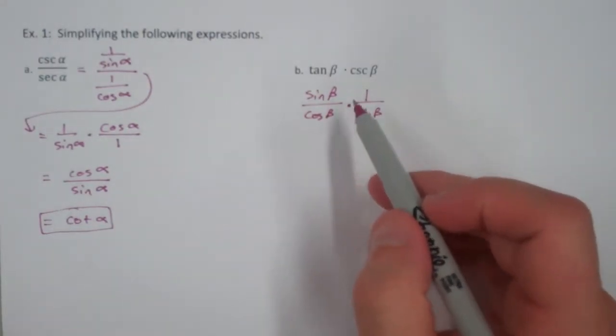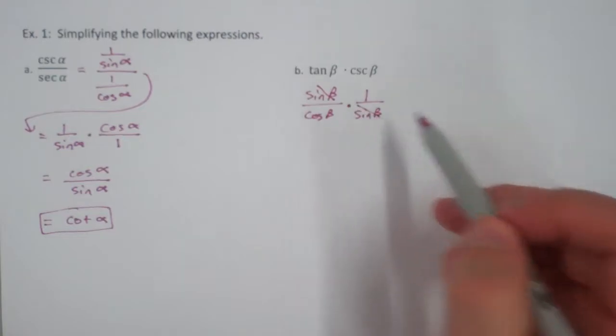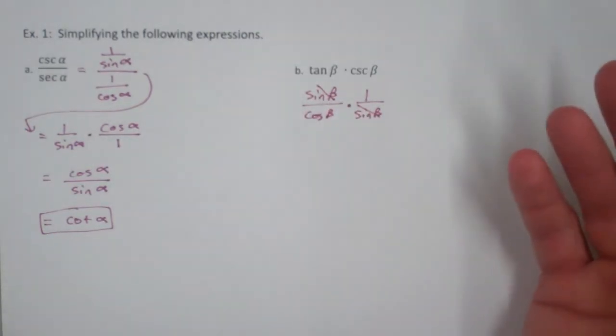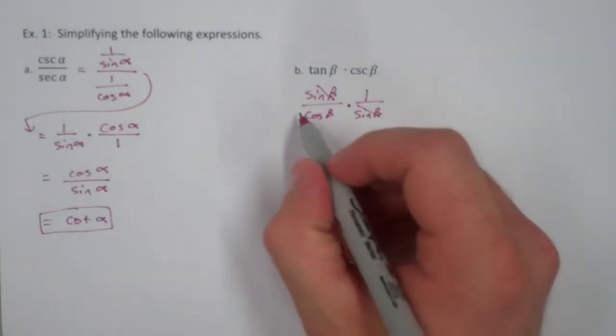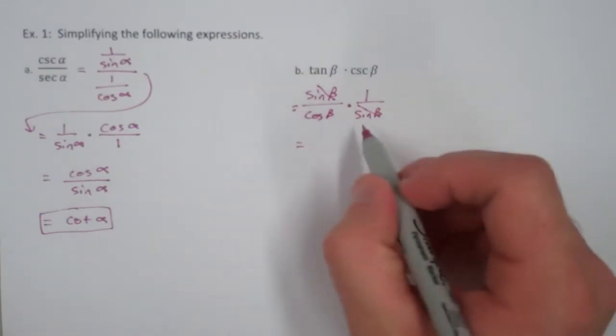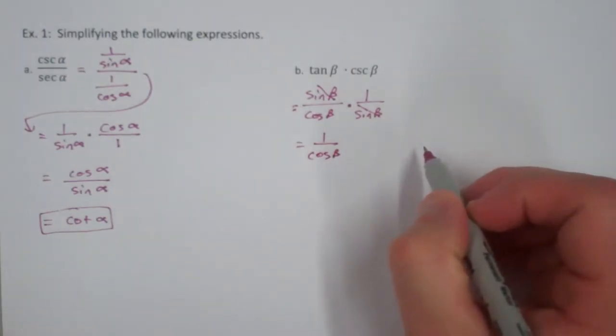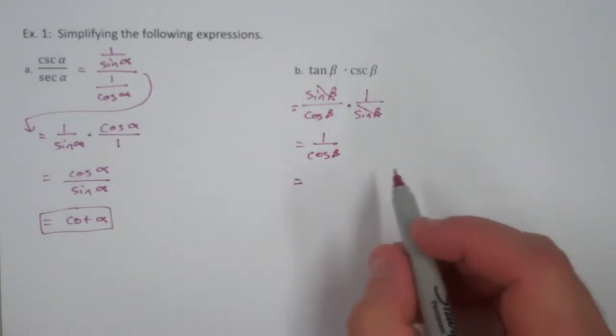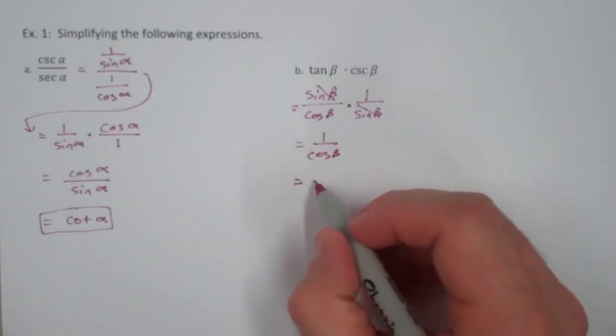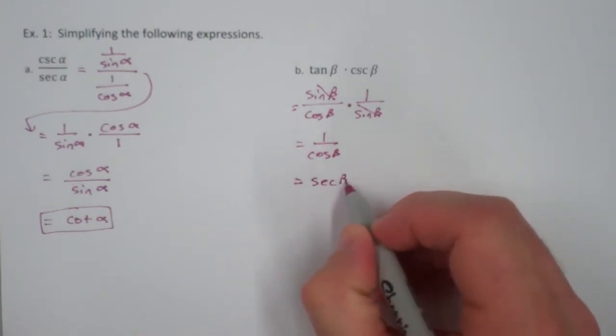You'll notice that we're multiplying, so it is allowable to cancel these out, or at least sine over sine is 1. And then we're left with 1 over the cosine of beta.